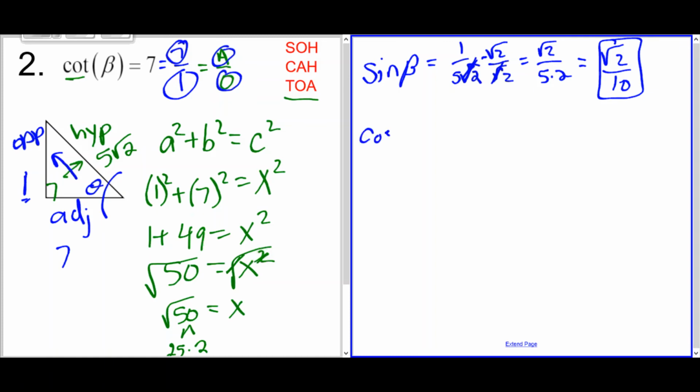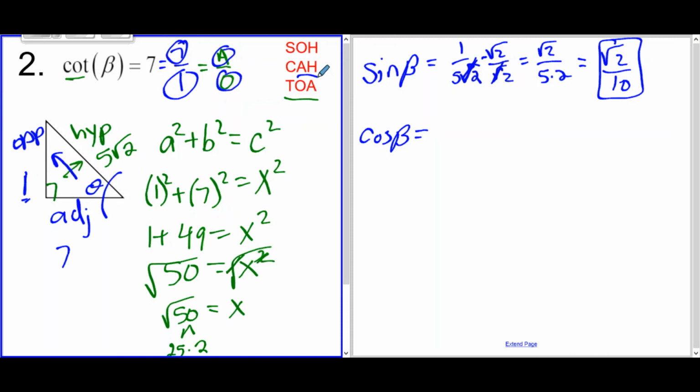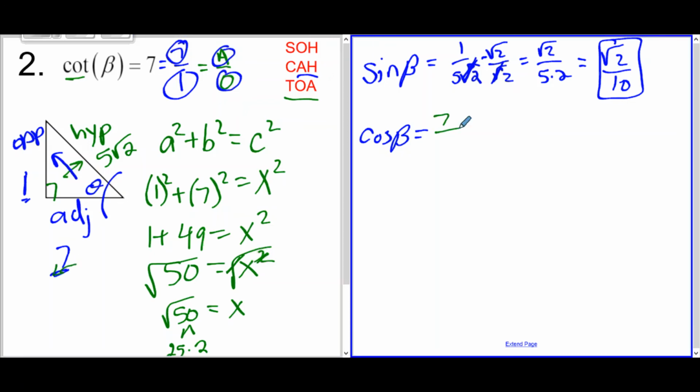The cosine of beta is adjacent over hypotenuse. So adjacent is 7, and the hypotenuse is 5 square root of 2. And again, remember, you need to multiply by the square root of 2 divided by itself, just like we did with sine, to get rid of the square root in the bottom. So this is going to be 7 times square root of 2, and then this is going to become 5 times 2 in the denominator.